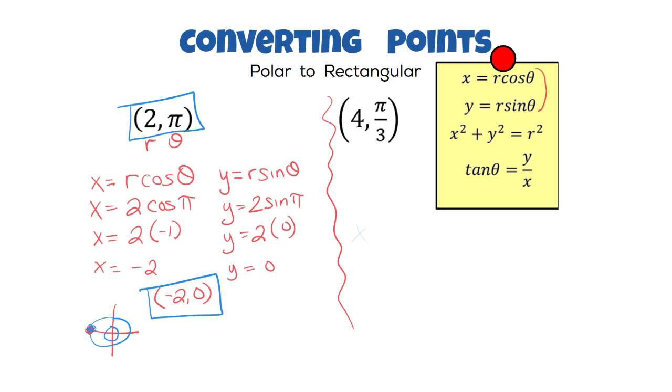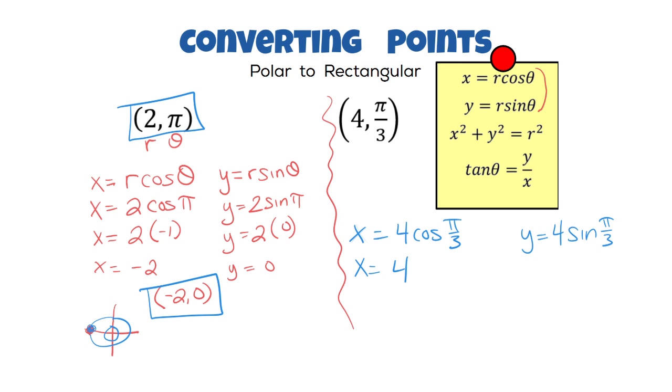X equals, and this time, since we've already done it once, I'm going to go ahead and just jump right in. X equals r cosine pi over 3. Y is going to equal r sine pi over 3.